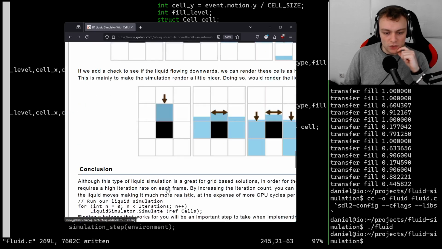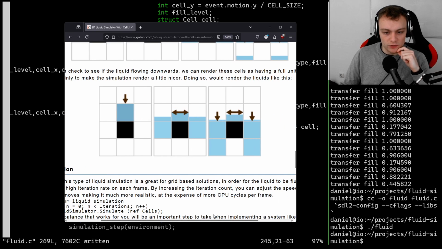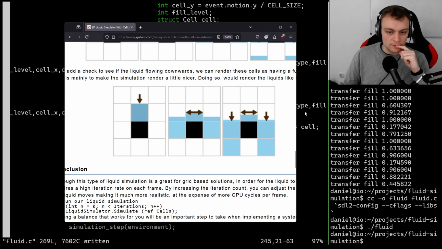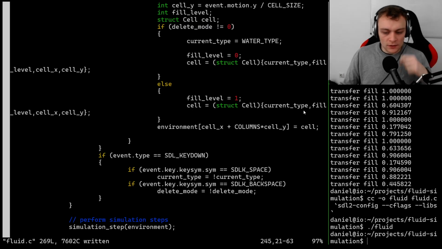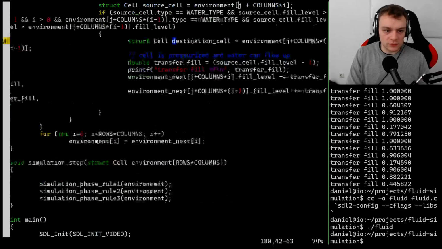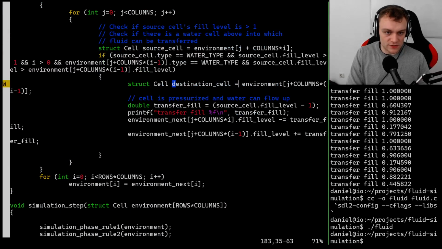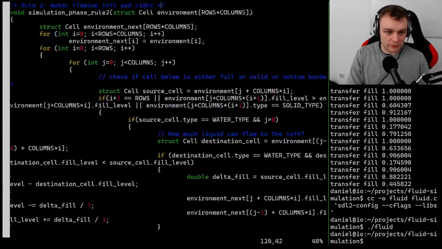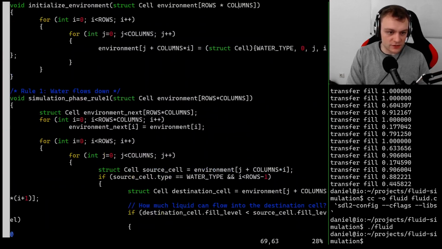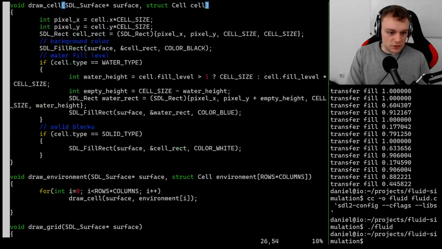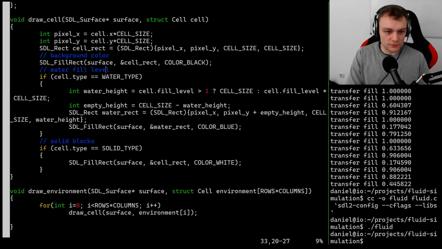Okay, so how do we figure out that the liquid is flowing downwards? This should be a rendering problem, so it is not part of the simulation itself, but rather a problem of drawing the cells. So this should be doable in the draw cell function. And how do we determine if the cell is flowing downwards?